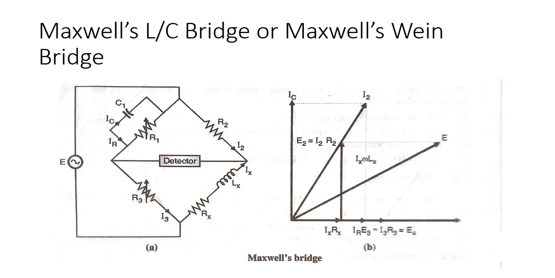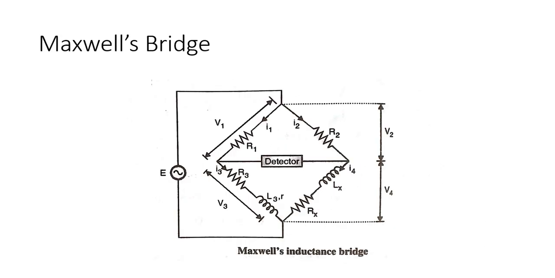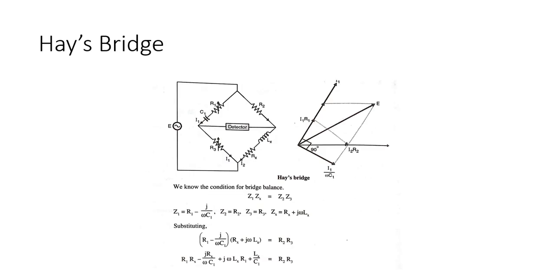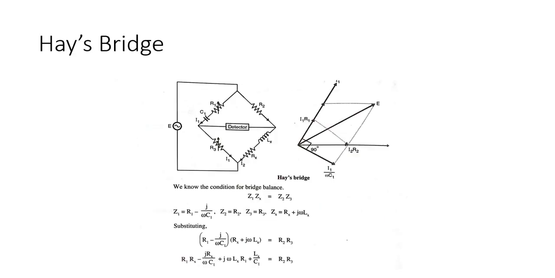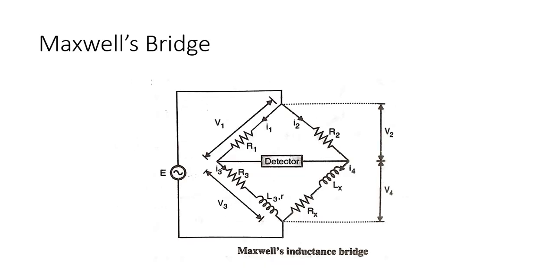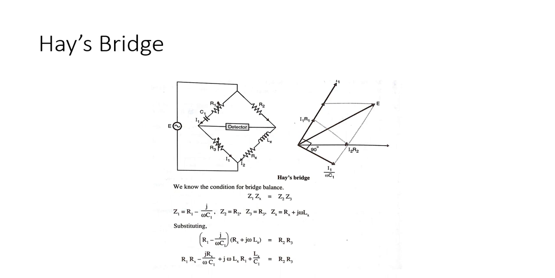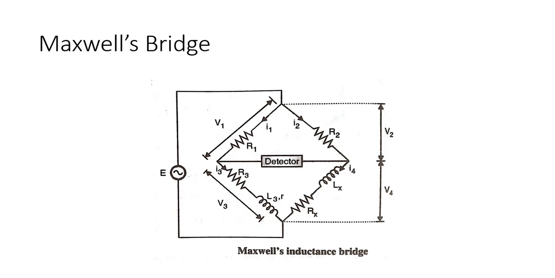For this lecture, this much is sufficient. We have seen Hayes bridge, then Maxwell's bridge, and the difference between them: Hayes bridge can be used for a Q factor greater than 10, and if it is between 1 and 10, then Maxwell's bridge is preferred.